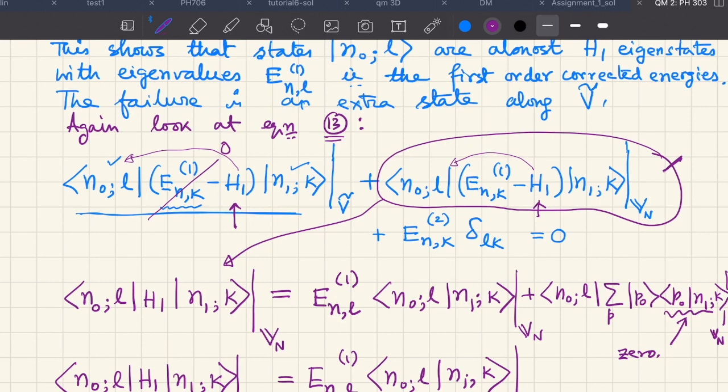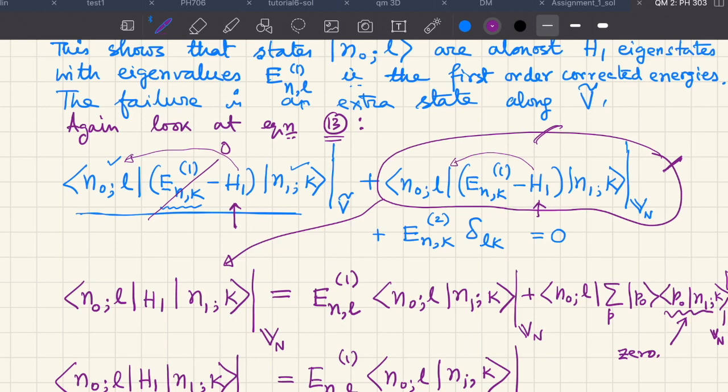I just didn't write it. So this is the second term. This is good. In fact, look at what has happened because of this: the H1 term in this second term has become exactly the same as ⟨n0L|n1K⟩. These overlap exactly like the E_{n,K}^1 term.